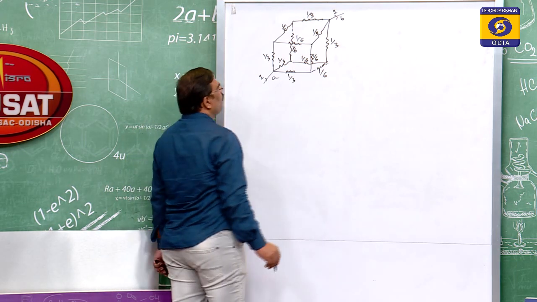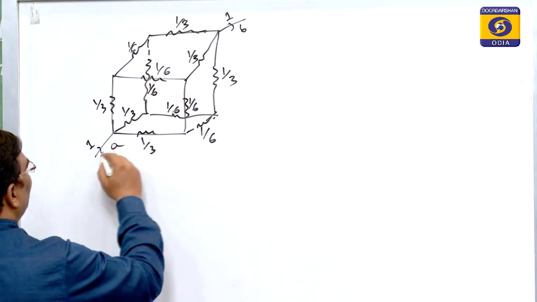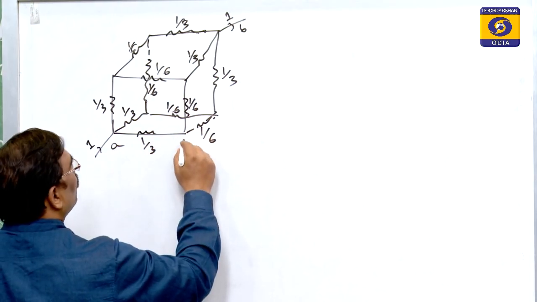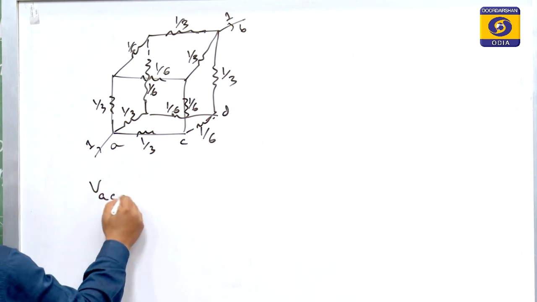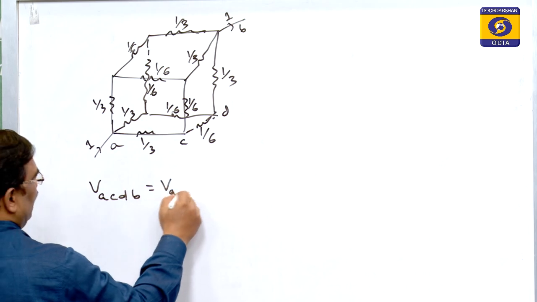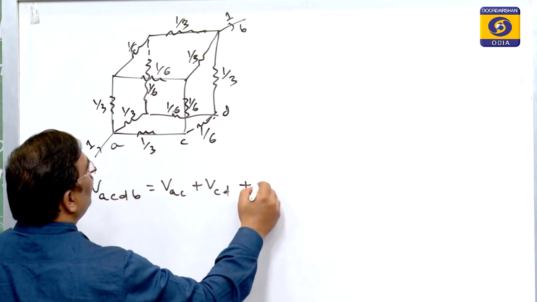So, therefore, what we see is if I go from A to B, suppose this is ACDB. So, VACDB is VAC plus VCD plus VDB.